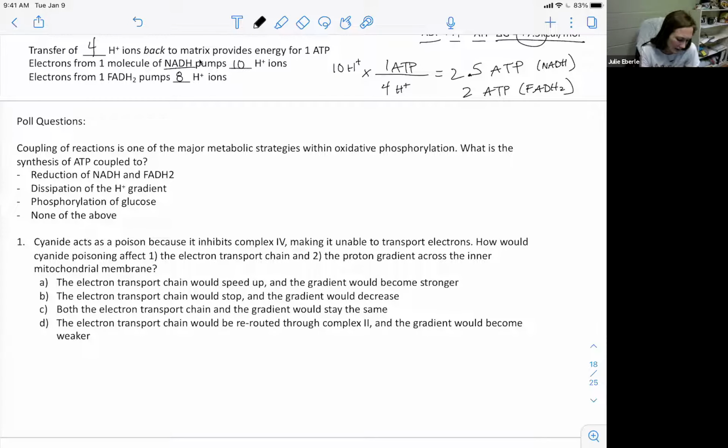What do y'all think? Looking at the answers here, is it coupled to the reduction of NADH and FADH2, the dissipation of the hydrogen or proton gradient, the phosphorylation of glucose, or none of the above? Is it the reduction of NADH and FADH2? I want to hear from some more people. What do y'all think?